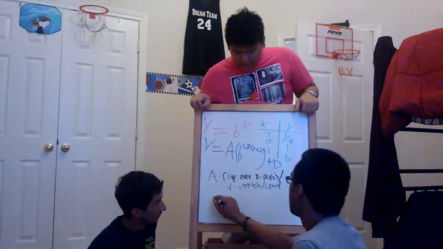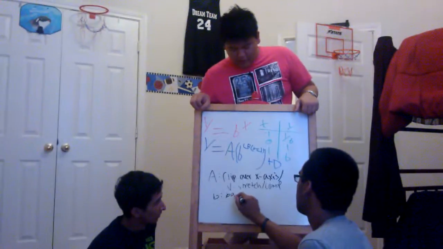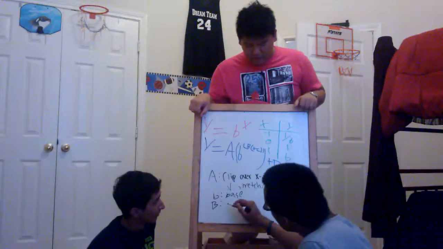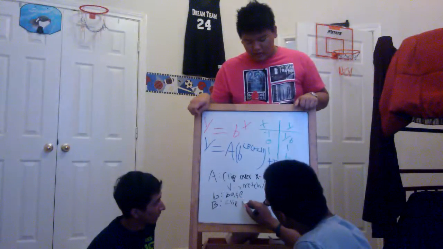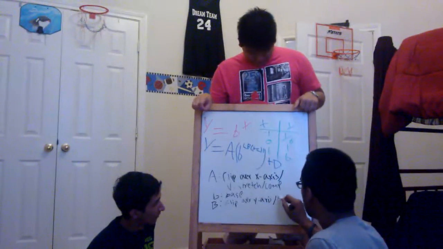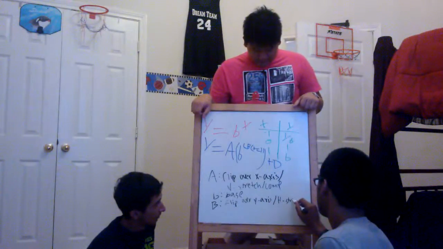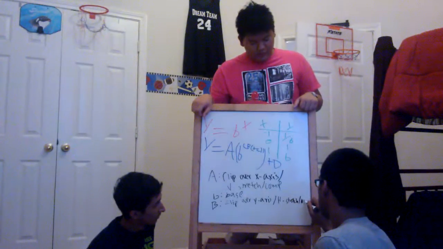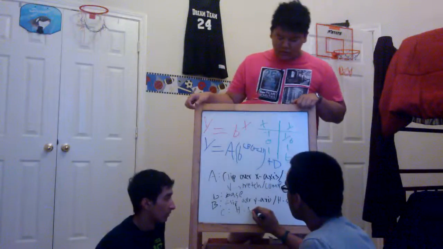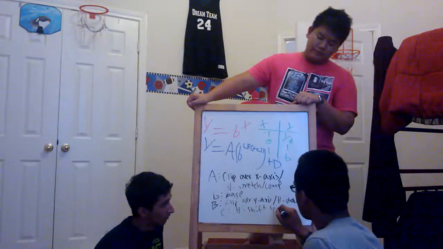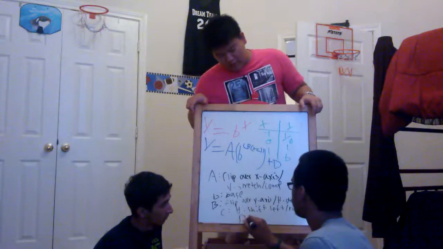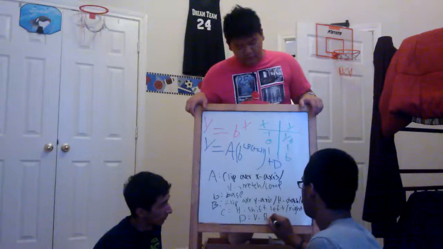And lowercase b stands for the base, and the capitalized B is going to indicate whether it flips over the y-axis or not, and the horizontal stretch or compression. And C is going to tell you the horizontal shift, which is left or right. And finally, D is going to indicate the vertical shift, which is up or down.